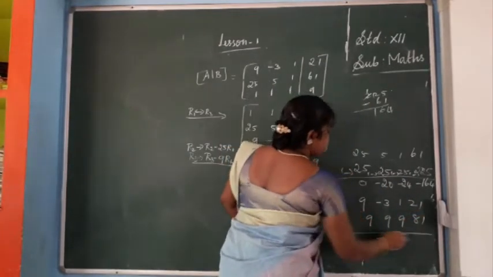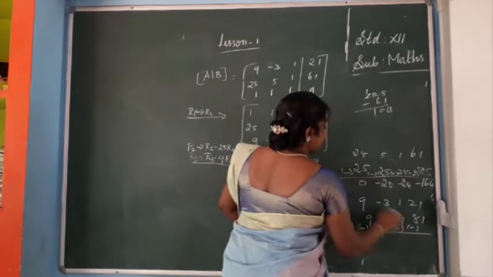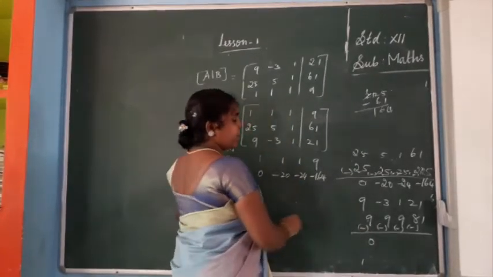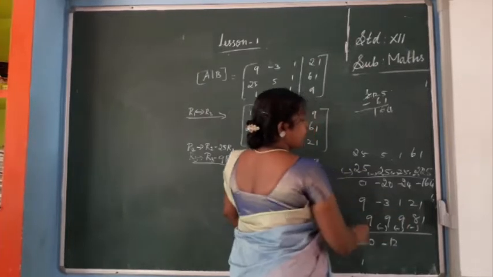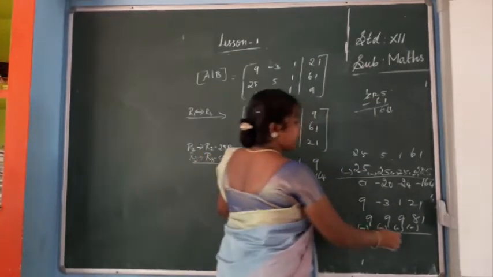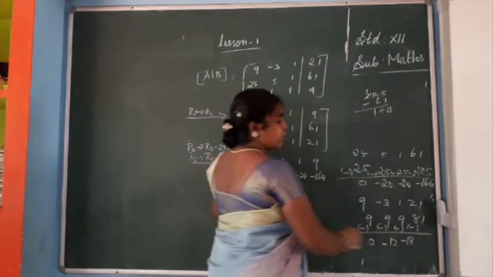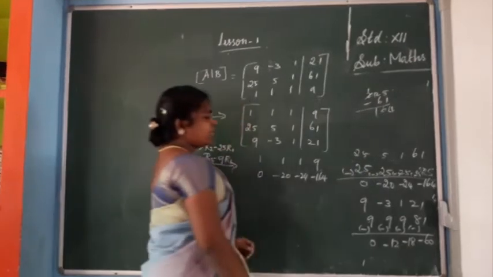Here also you subtract. 9 minus 9 is 0. Minus 3 minus 9, both are minus, so minus 12. Here 1 minus 9 means minus 8. Here 21 minus 81, so minus 60. Next.